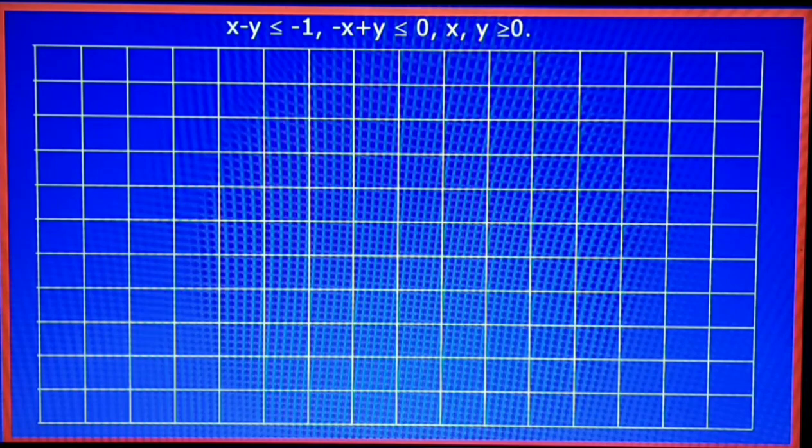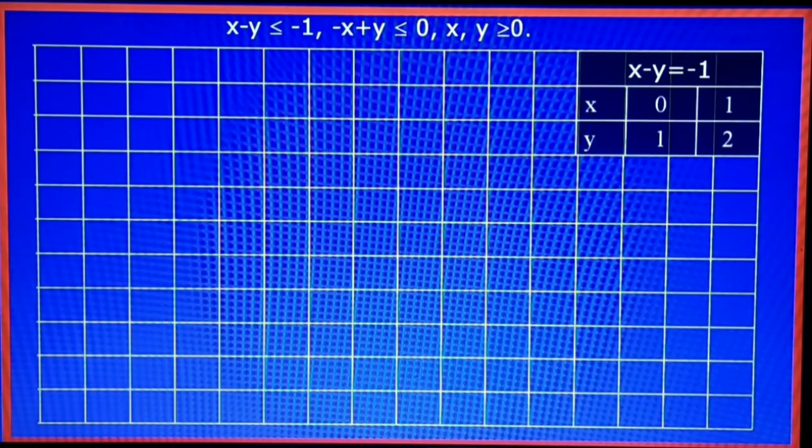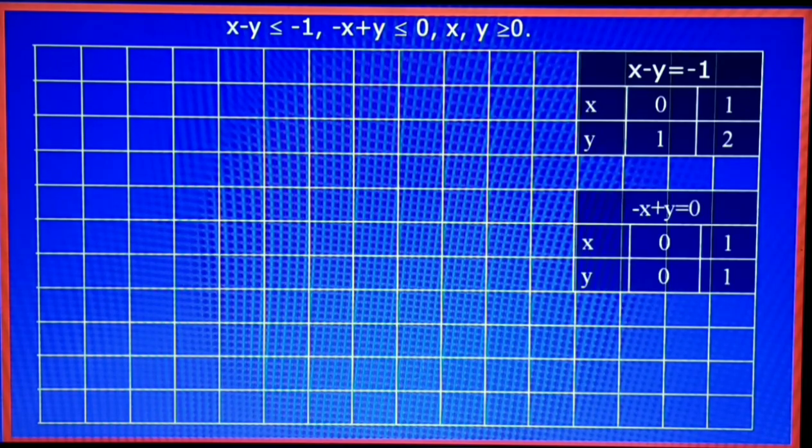Consider the given inequalities. For x minus y is less than or equal to minus 1, the corresponding equation is x minus y is equal to minus 1. When x is equal to 0, y is equal to 1. When x is equal to 1, y is equal to 2. The corresponding equation of the inequality minus x plus y is less than or equal to 0 is minus x plus y is equal to 0. When x is equal to 0, y is equal to 0.